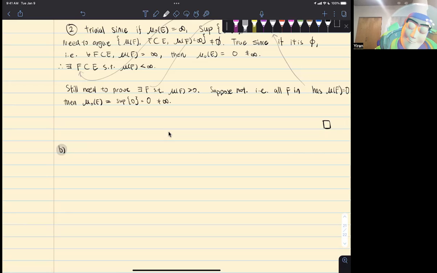Now if you have a subset, for example a subset of Ej, let's use a different index, s.